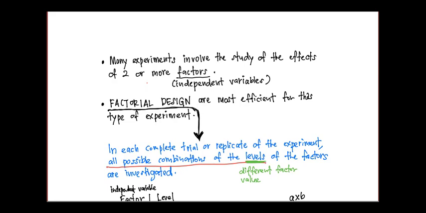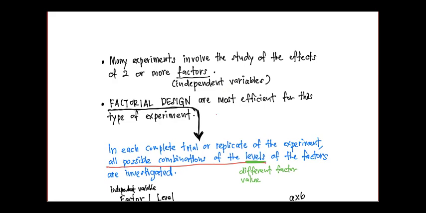First of all, why we call that factorial design, we have already discussed, because we are going to study different factors with different levels and see the effect of some factors on some responses. Many experiments which we have include two or more factors, which are independent variables.